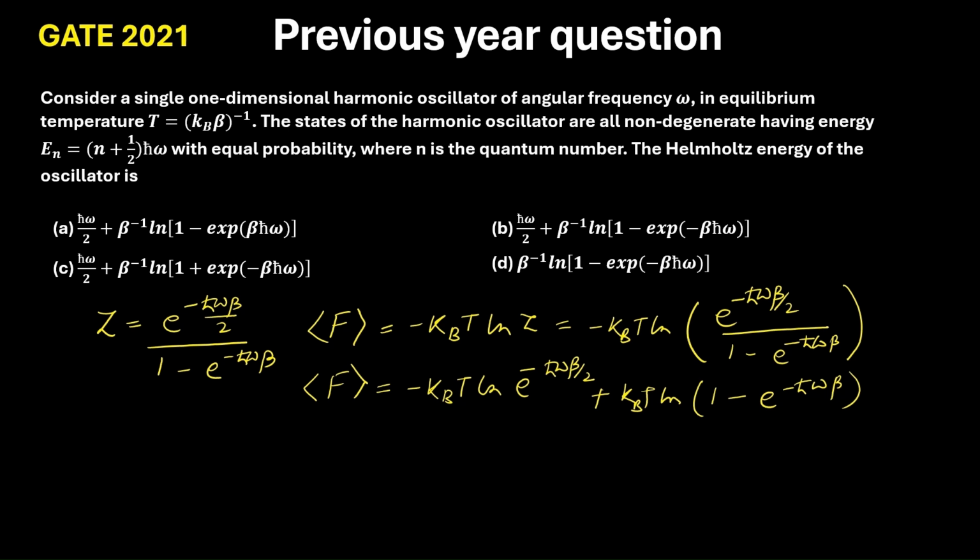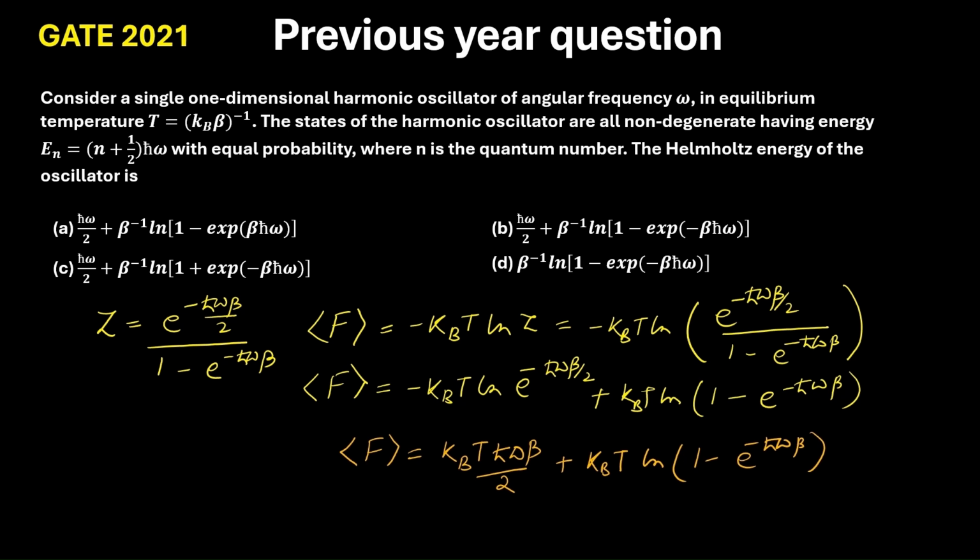If you simplify this, you'll get F is equal to kBT h bar omega beta by 2 plus kBT ln of 1 minus e to the power minus h bar omega beta.